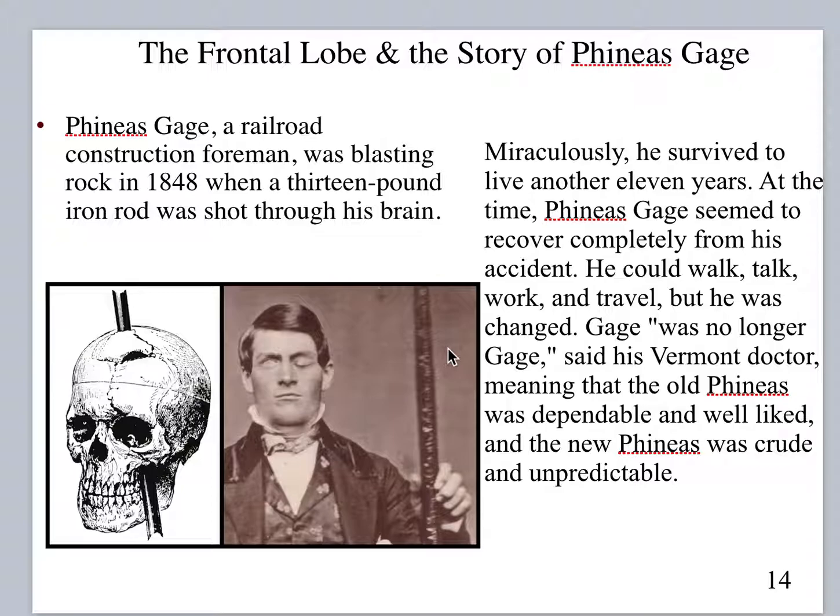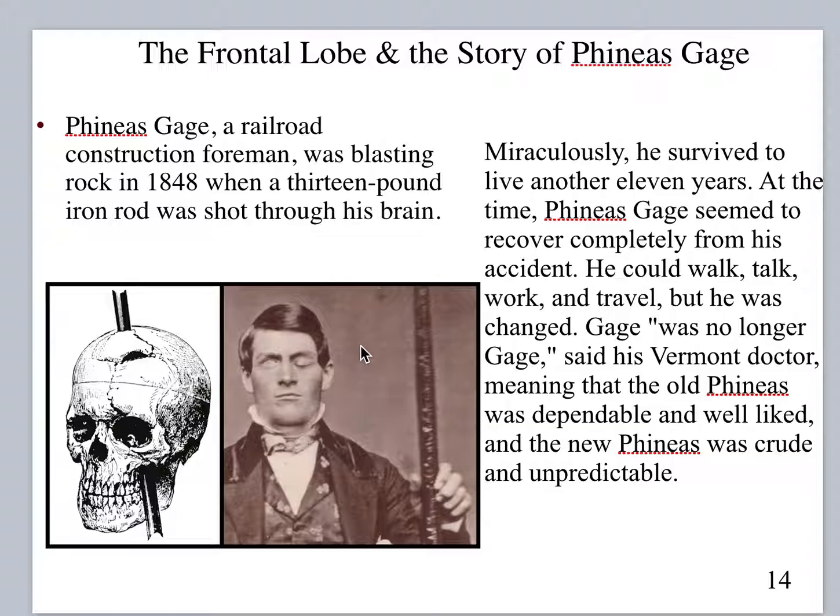To illustrate the function of the frontal lobe, there's a story that took place in 1848 when this Phineas Gage was a railroad construction foreman. He was blasting rock, and a 13-pound iron rod shot up through his brain. And you can see the picture of how the rod went through his skull. And you'd think this would kill him, but it didn't.